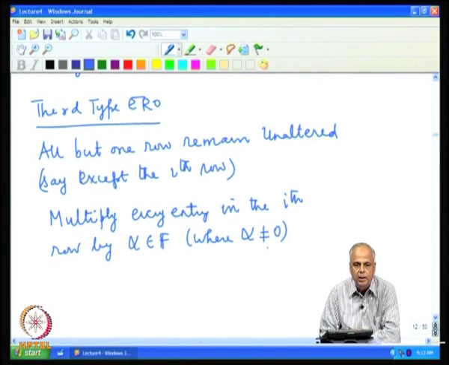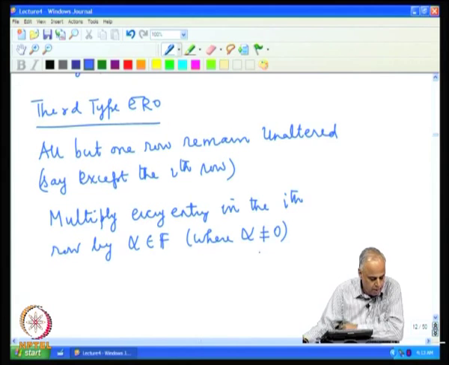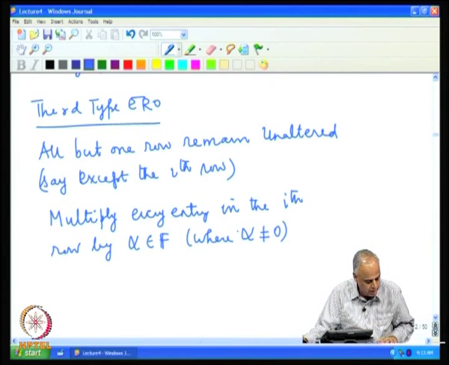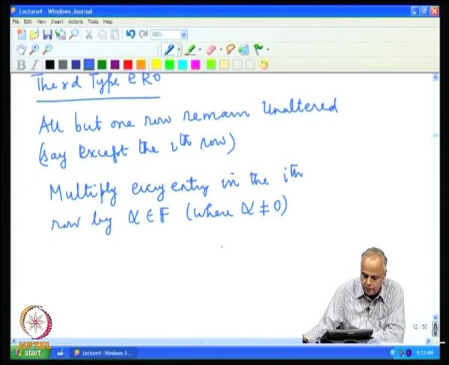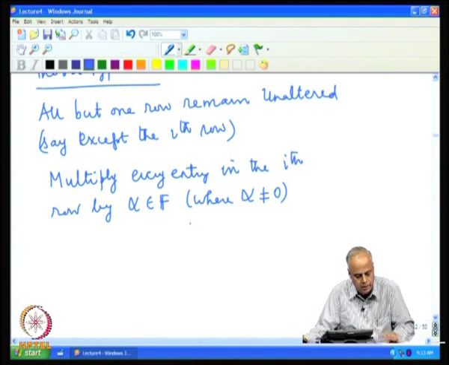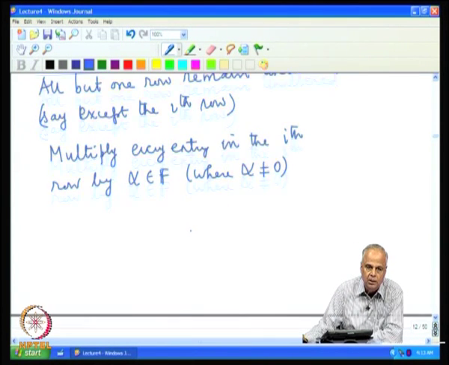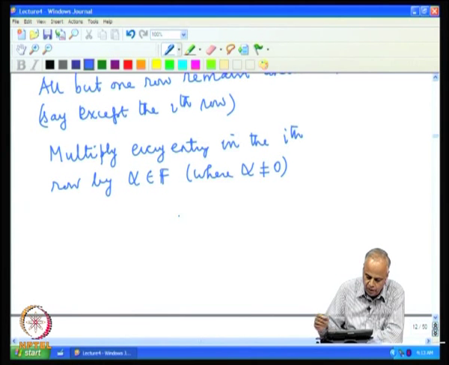So, we are going to multiply every entry in the ith row by a non-zero number. This is a very important operation. Later we will see it brings in some normalizations in the reductions that we do.